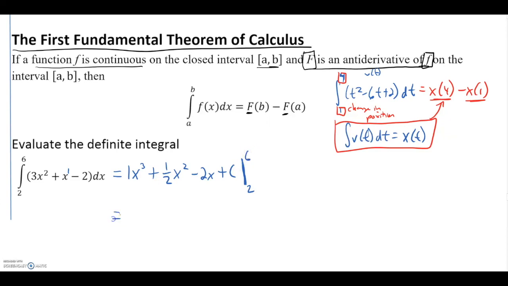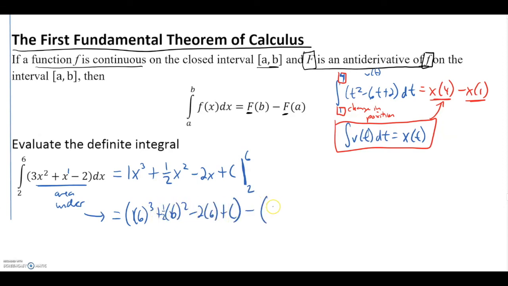And this first fundamental theorem states the area under this curve will equal this function evaluated at 6 minus this antiderivative function evaluated at 2.